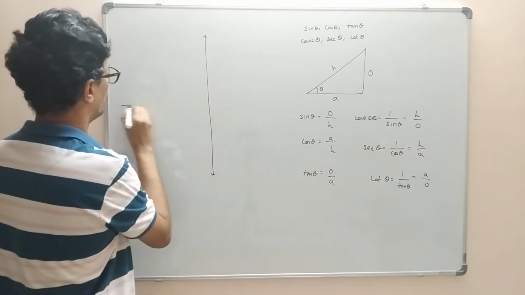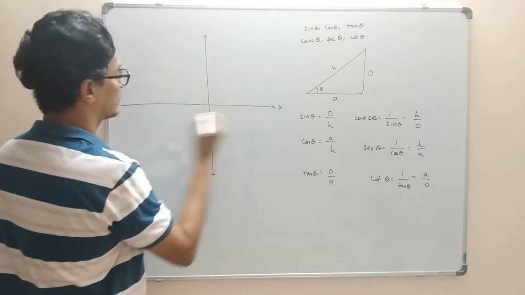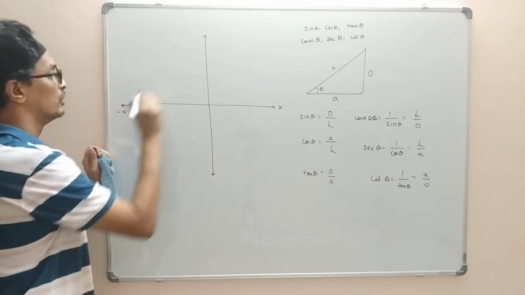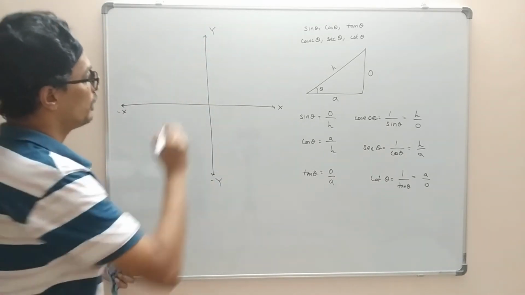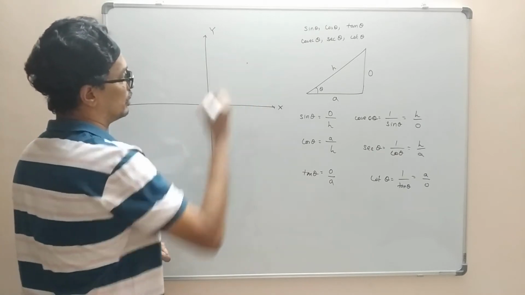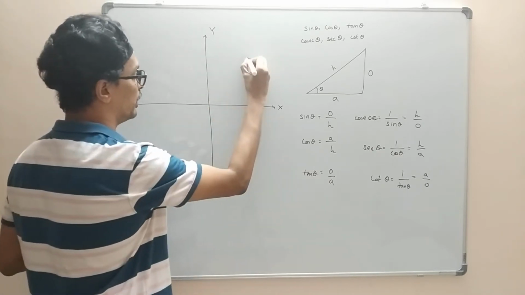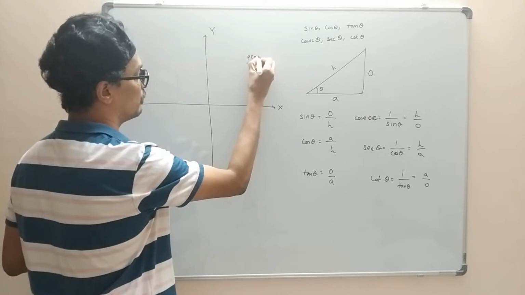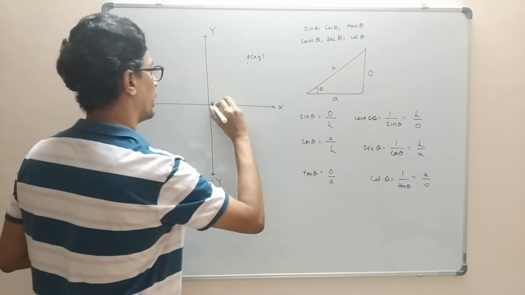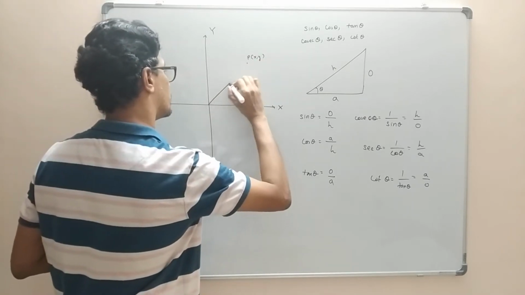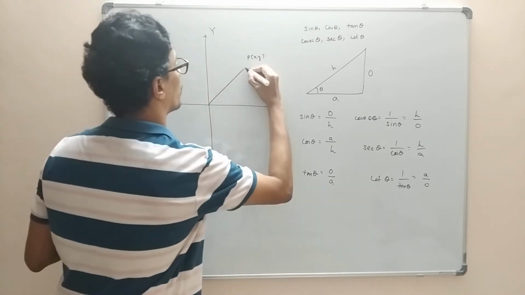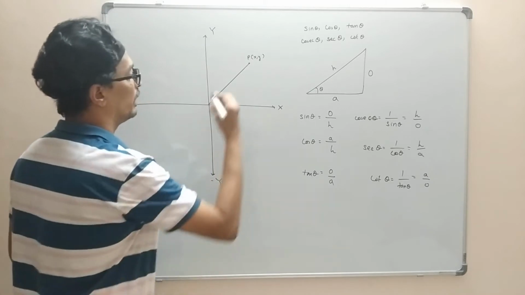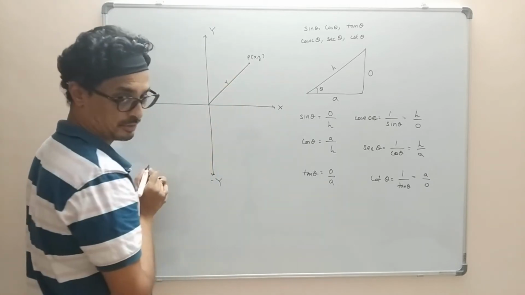And this is x, minus x, y, and minus y. So I am going to have a point. Okay, we'll say this point P, which is x comma y. And let me join this distance. Okay, so this is the point, and let me call this distance r.